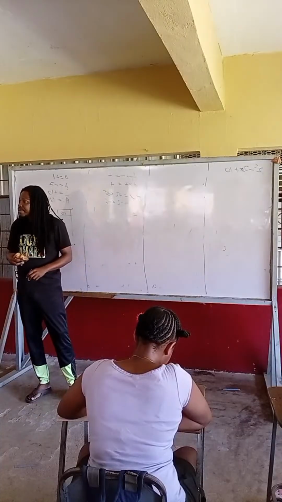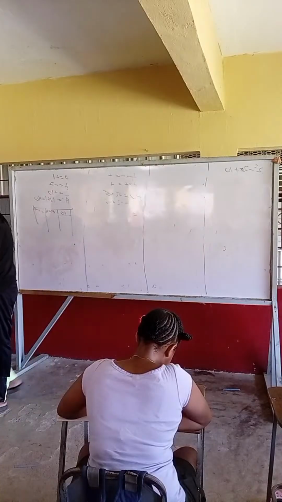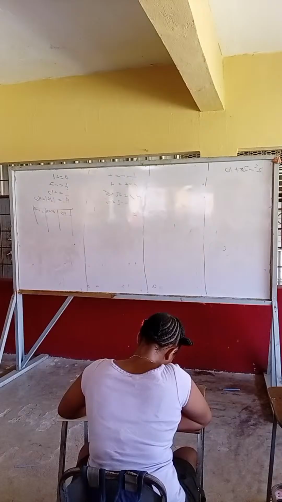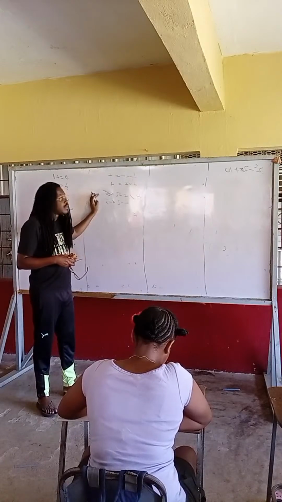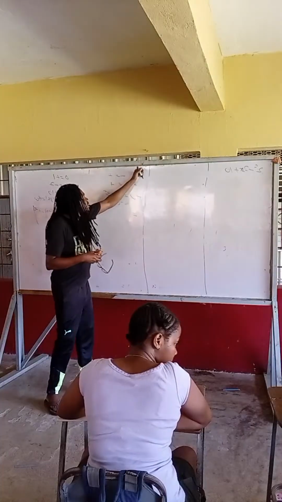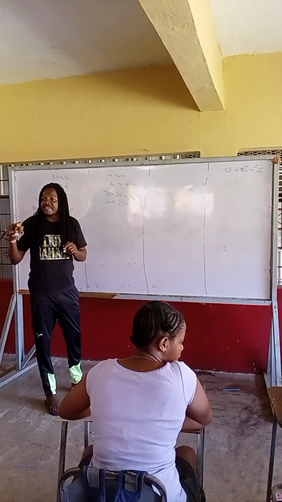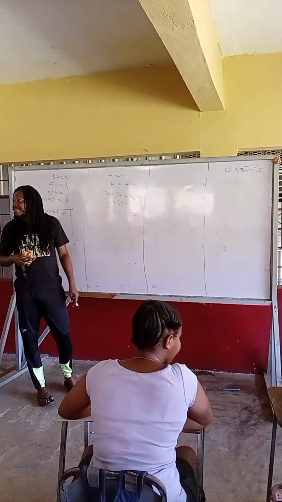When the signs are the same, the result is positive. So if I want the factors of 10, it also includes negative 2 times negative 5.